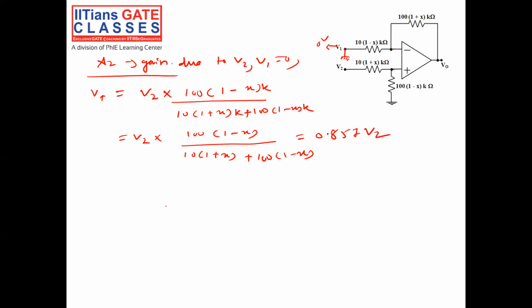Because of virtual ground, we know V negative will be equal to V positive. So V negative is equal to V positive, equal to 0.857 V2. Now put a nodal equation at V negative.